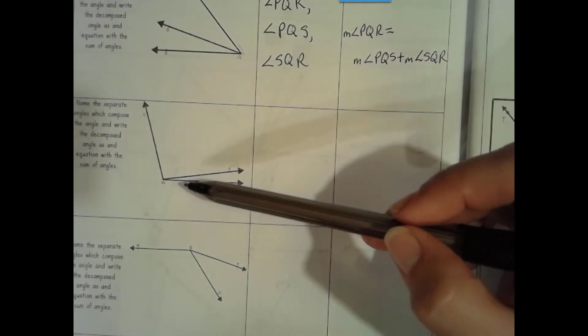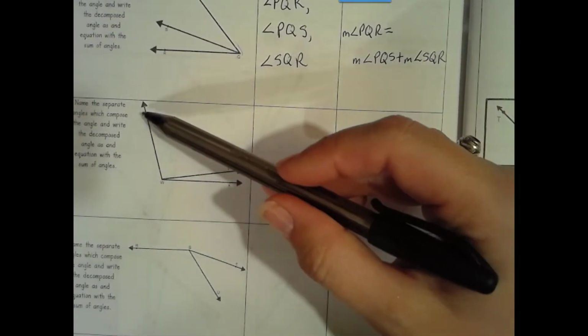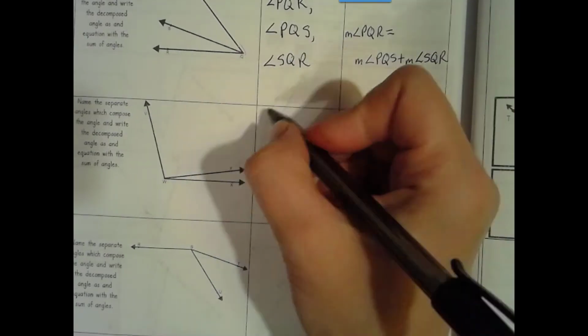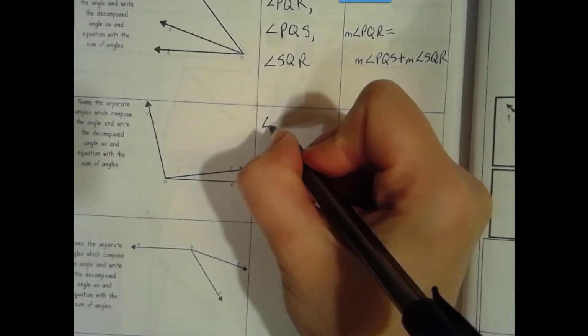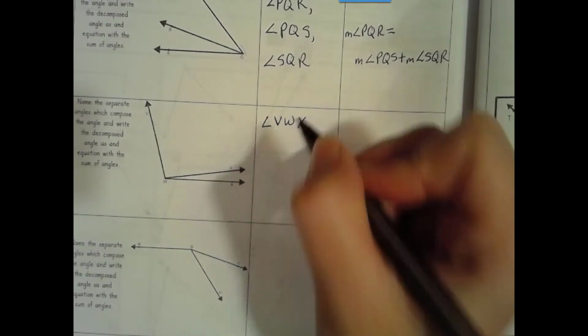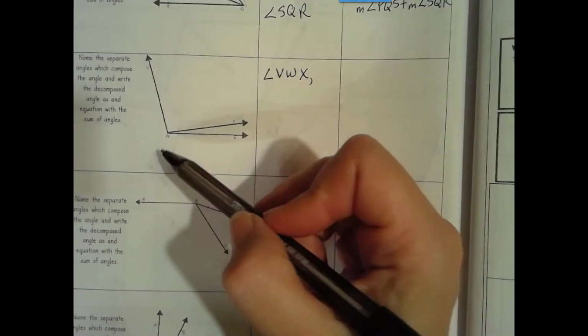Okay, now we're going to do this one right here. Our largest angle, VWX or XWV. So angle VWX, sorry, angle addition postulate. I think I said it wrong. Then we have angle VWY.